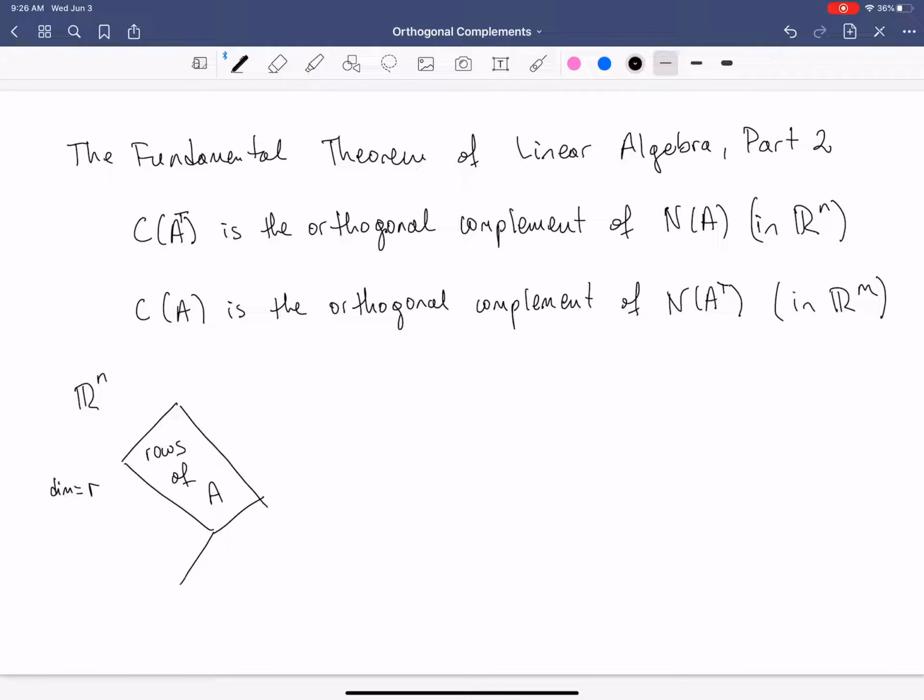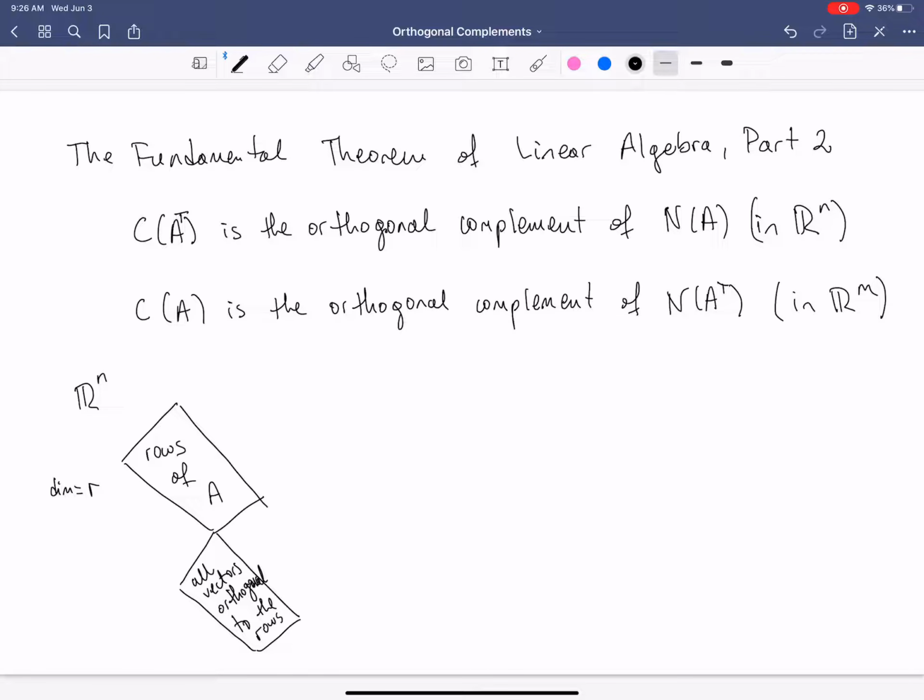Then orthogonal to it is the null space. So these are all vectors orthogonal to the rows.